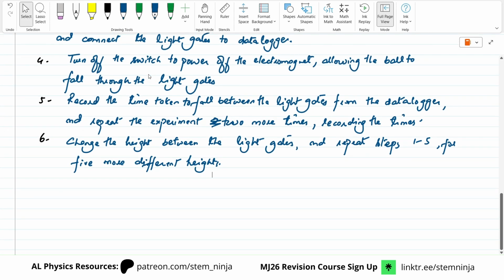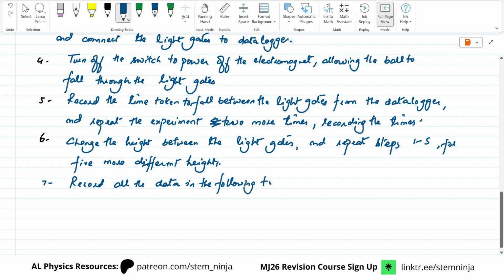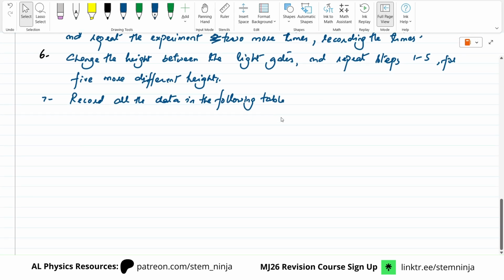Now, we need to be able to record this data also. So record all the data in the following table. So we don't need to draw up all the table, we just need to know how the data would actually look like. So the main things are the distance.